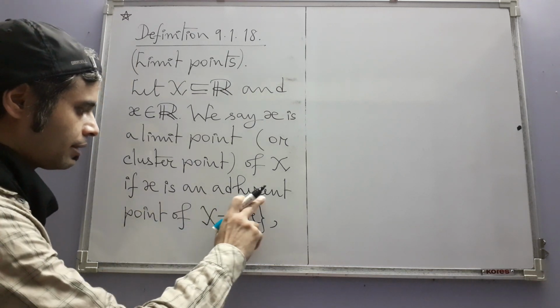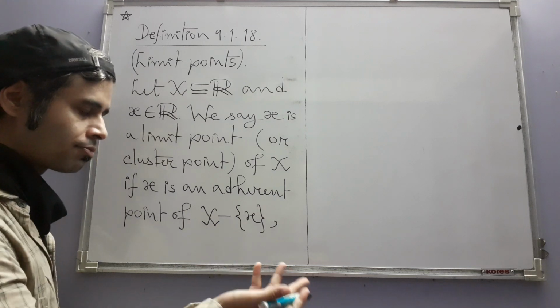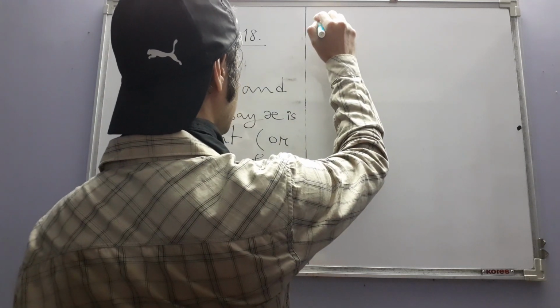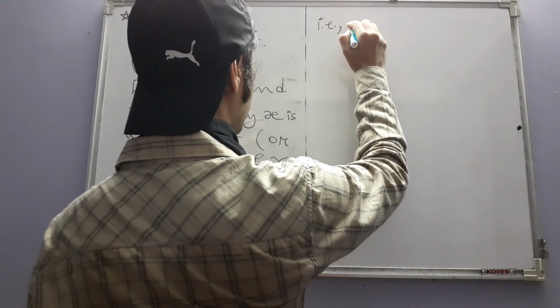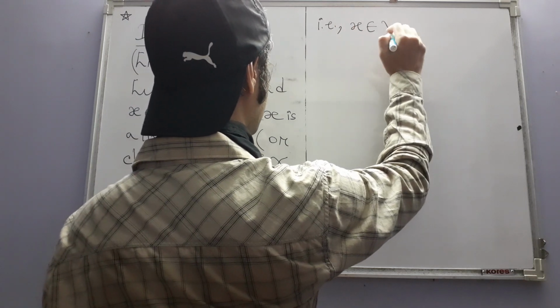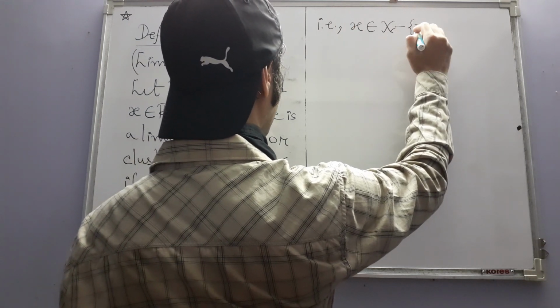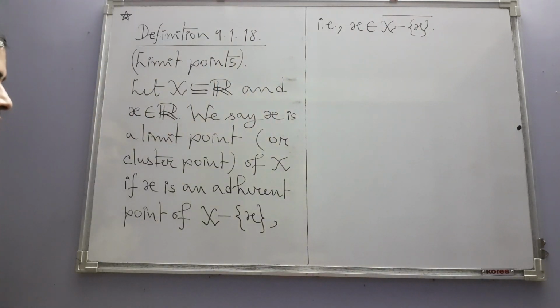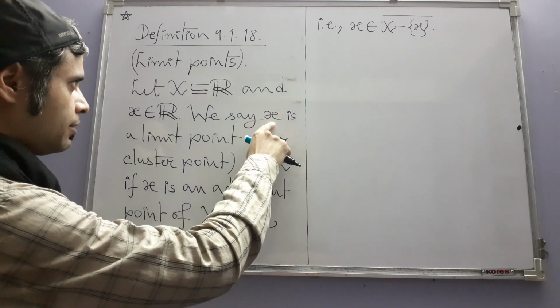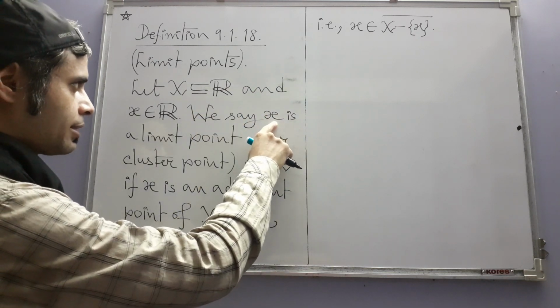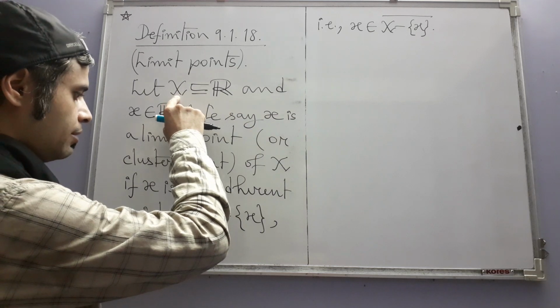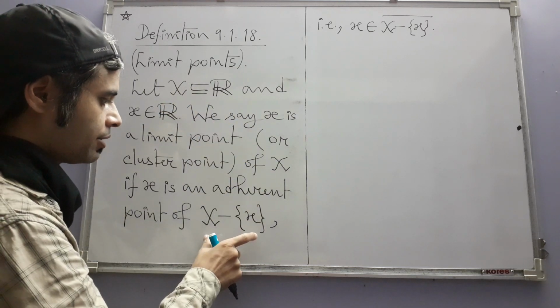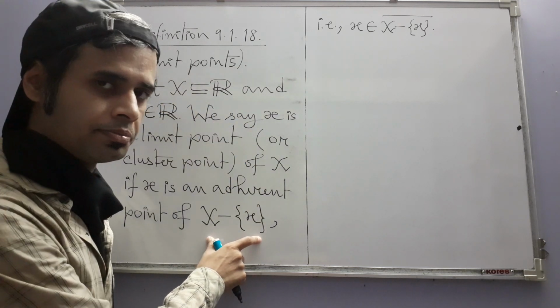And x being an adherent point of this also, of course, just simply means that x belongs to the closure of this set. So let me just repeat. x is a limit point or cluster point of our set if it is an adherent point of this subset.